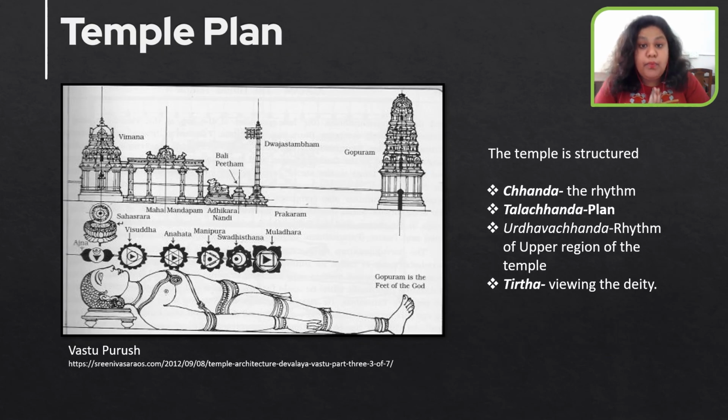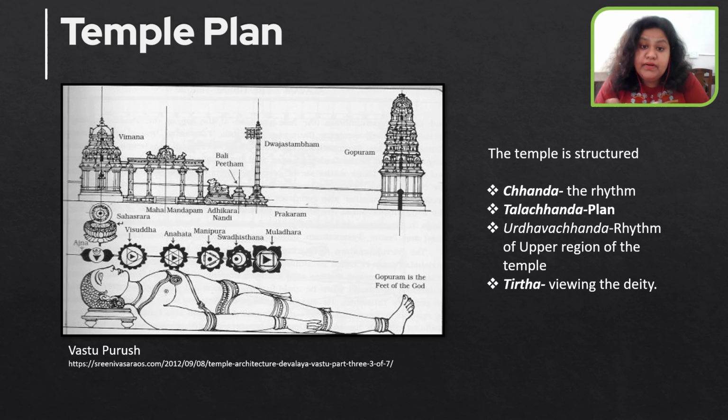When we talk about the body as a representation of the human and of the temple itself, in the last presentation I have given you a chart showing how a human being is placed and how the temple structure is built on the basis of that body structure.